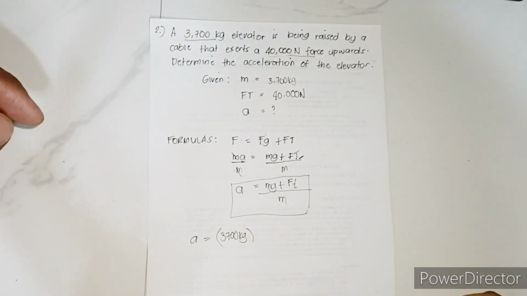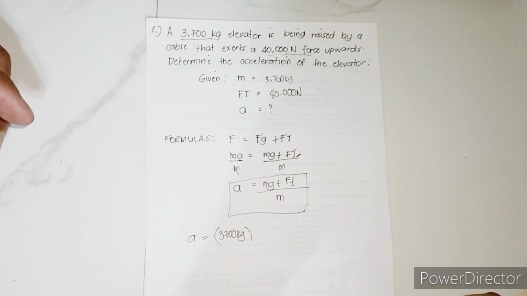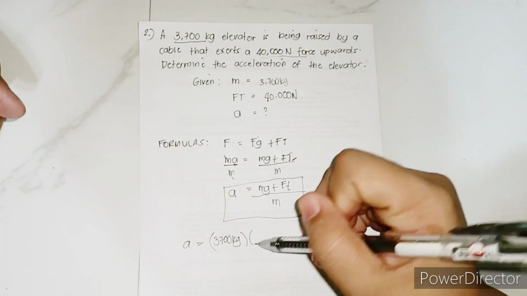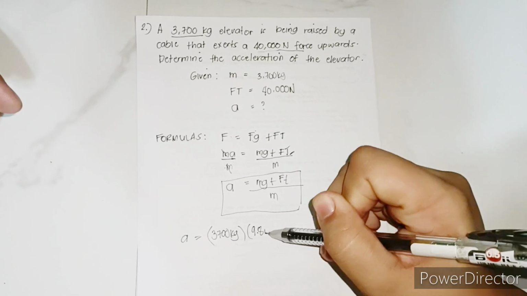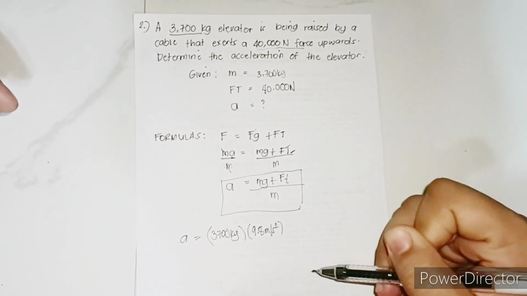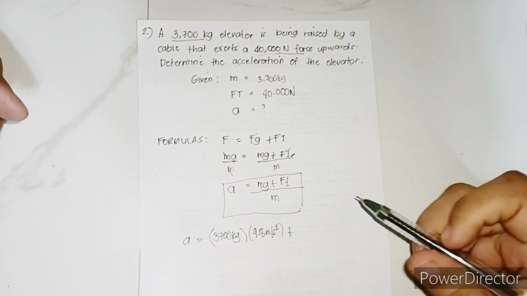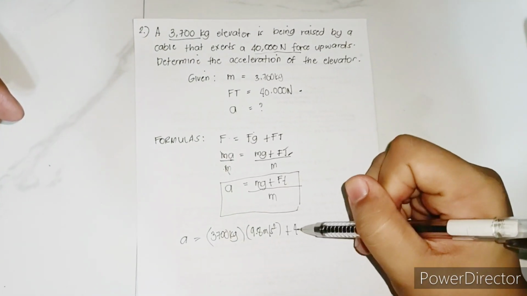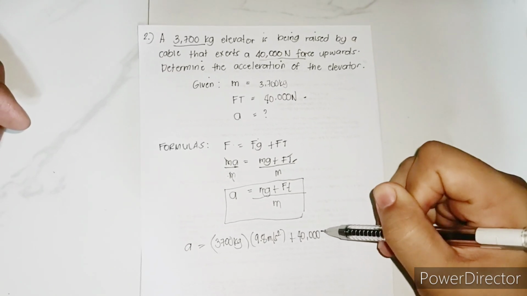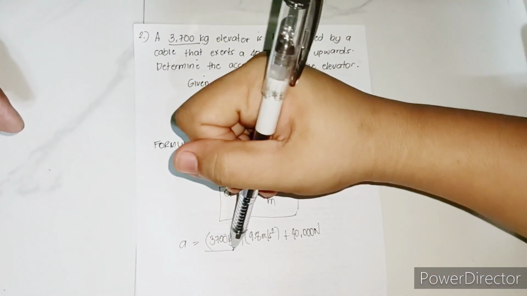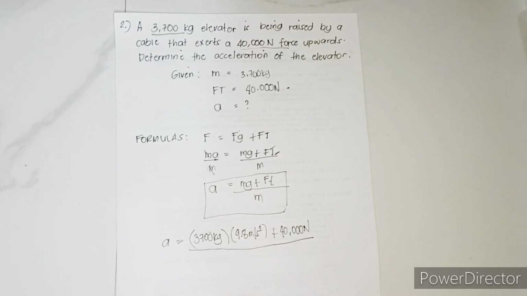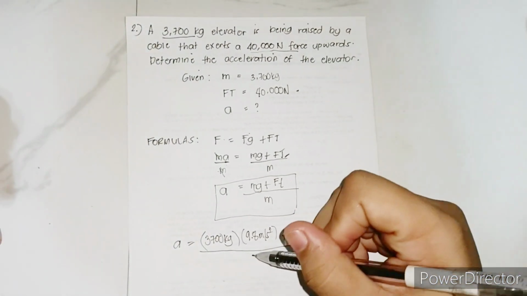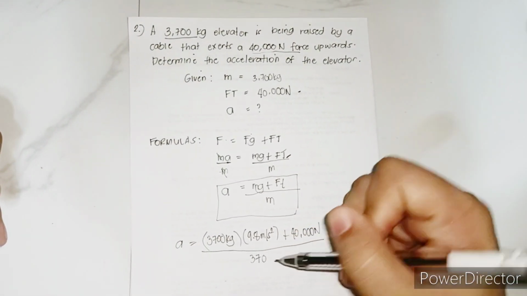Sabi natin nung past lessons, the value for our gravity is constant which is 9.8 meter per second squared. Plus, ang tension force na given, 40,000 Newton. All over mass which is 3,700 kilogram.